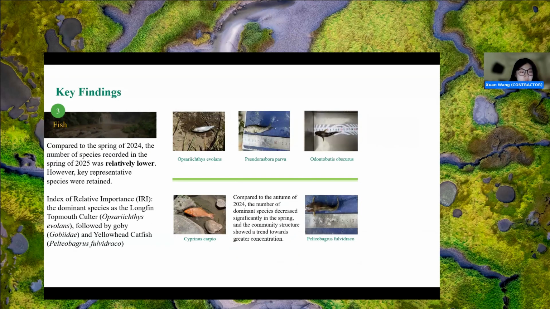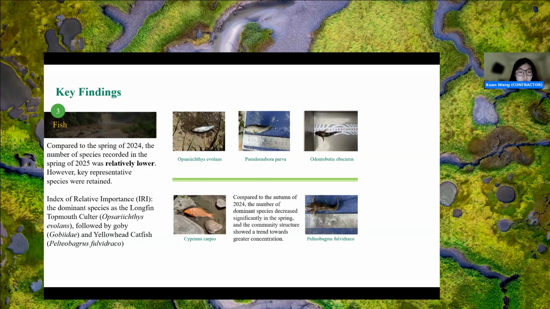Fish species richness was relatively lower in spring 2025 compared to 2024. But key species such as longfin topmouth gudgeon remained dominant, and the index of relative importance showed a more concentrated community structure, suggesting seasonal variability and indicating that the wetland waters maintained basic ecological suitability and continued to function as fish habitat under different seasonal conditions.